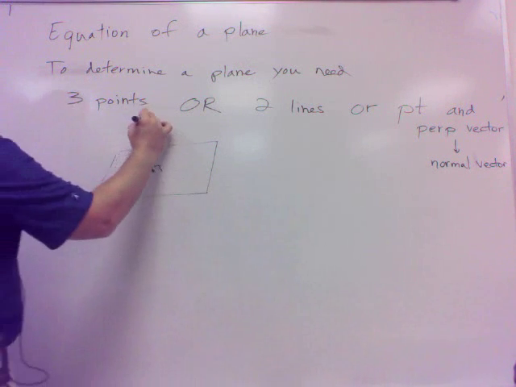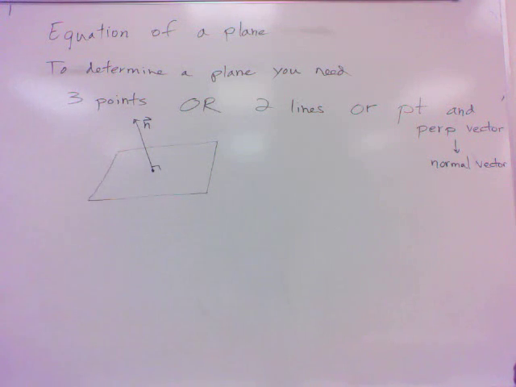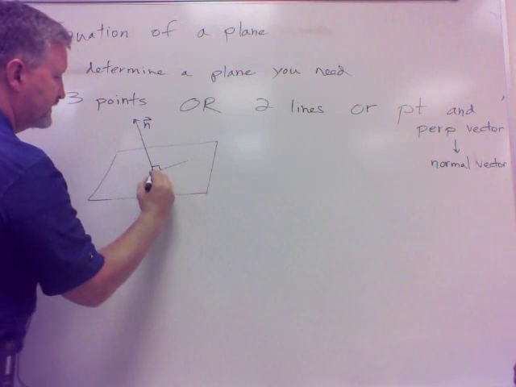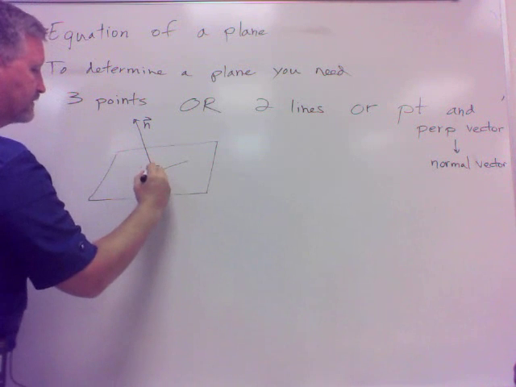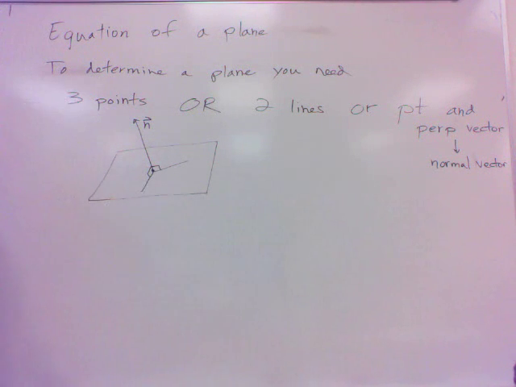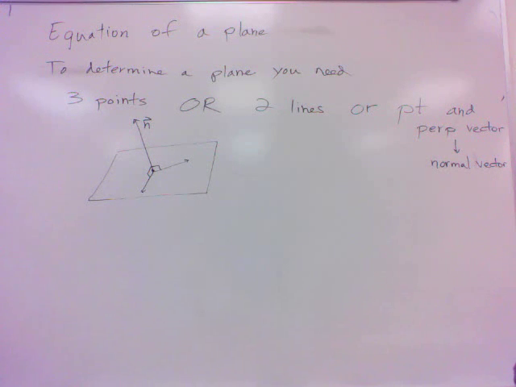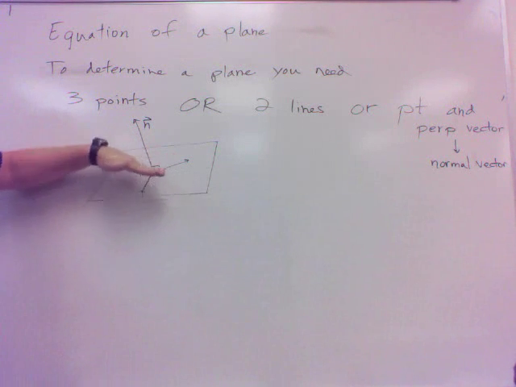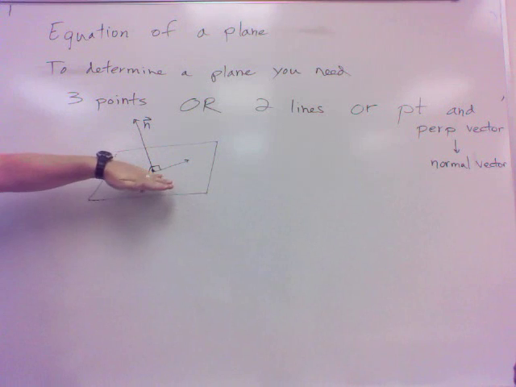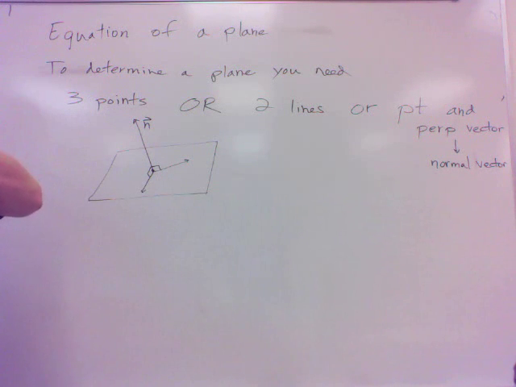And it's going to be designated for obvious reasons with an n. N is going to be this normal vector. Now, the thing about n is it's perpendicular to the plane, which means it's perpendicular to any line that I draw in that plane, or any other vector or line that I draw in that plane. It's perpendicular to that one, it's perpendicular to that one. If you've got another vector or line in that plane, it's perpendicular to that.